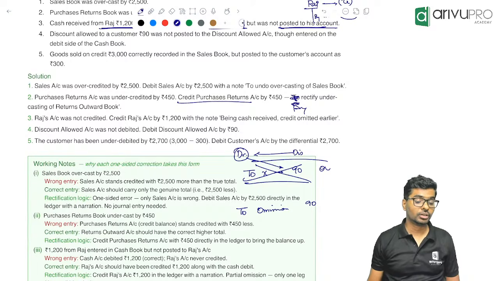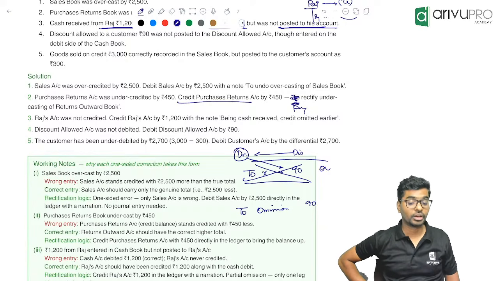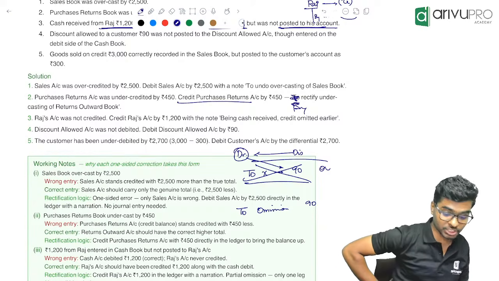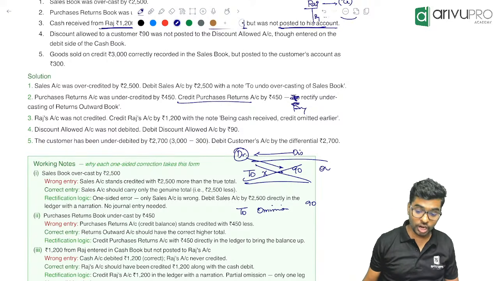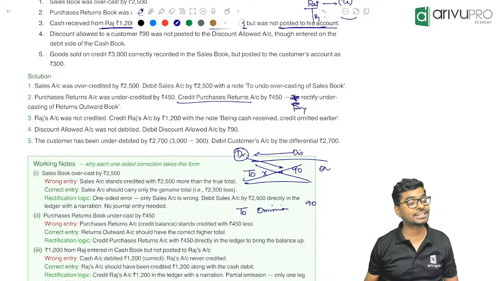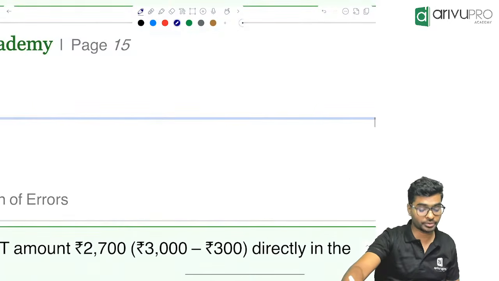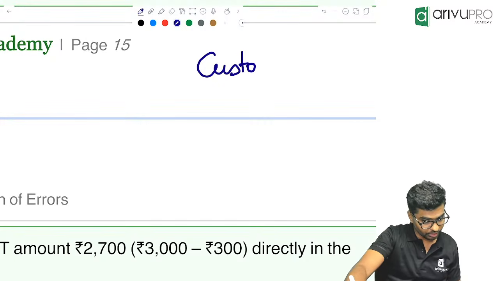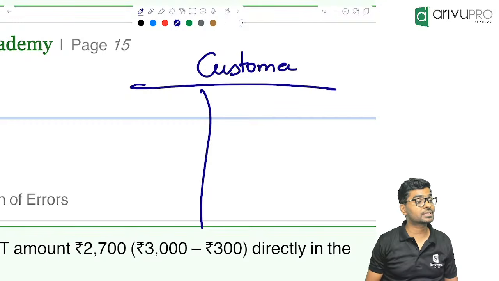Next one, goods sold on credit 3,000, correctly entered in the sales book, but wrongly posted to the customer's account as 300. So the error is in whose book? Customer book. What is the journal entry for sales?